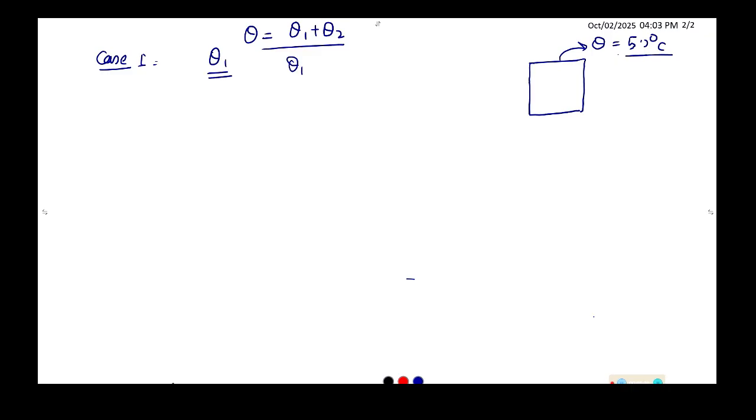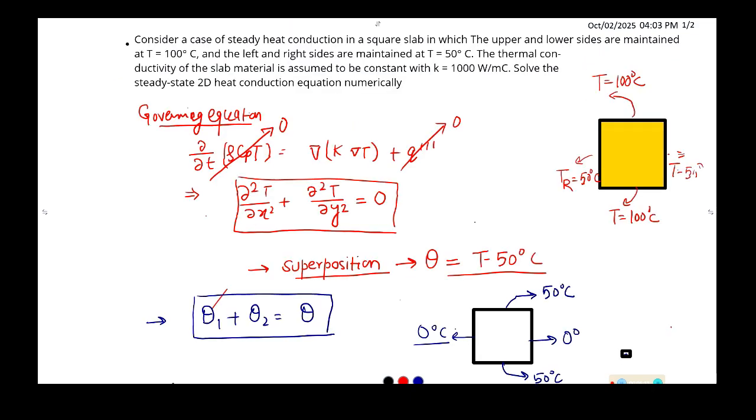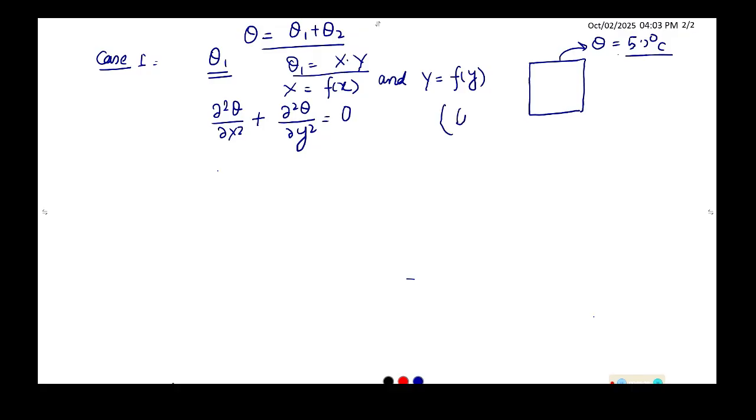Now this theta 1 is a function of x and y, where X is a function f of x and Y is a function f of y. Therefore, the equation is ∂²θ/∂x² plus ∂²θ/∂y² equals 0, where theta equals T minus 50.